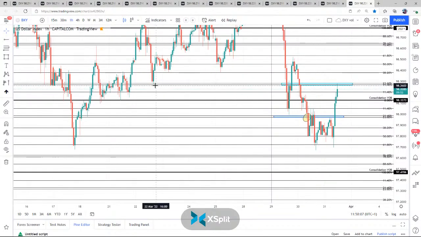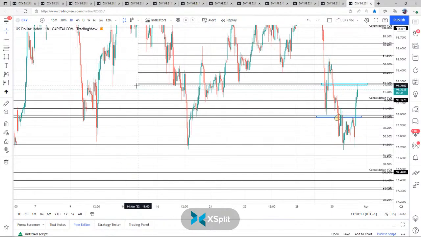You see here, it has been acting. Look at this, right there. So we have a lot of reaction. This one is the same thing, right on it. It's not going up to there.